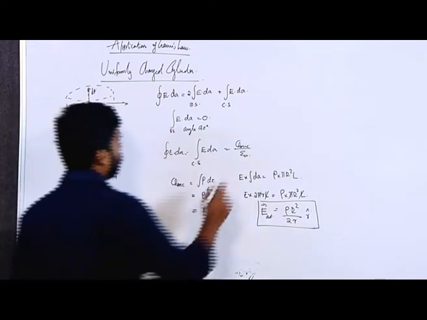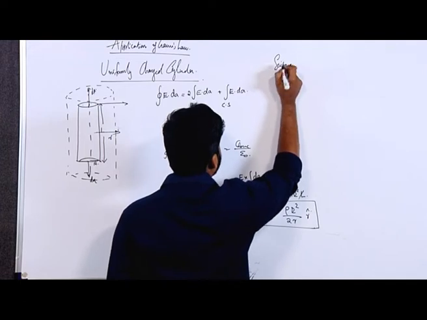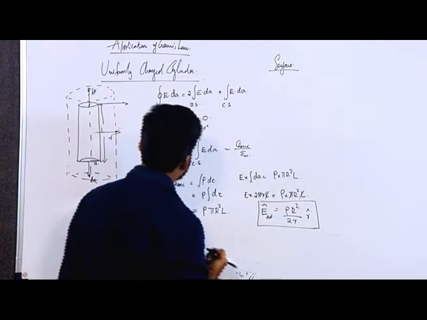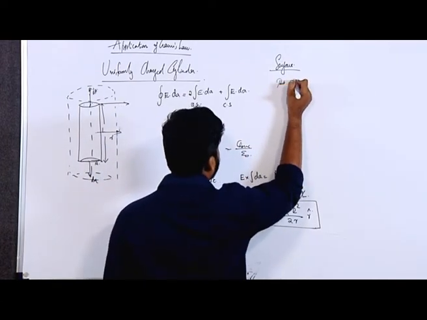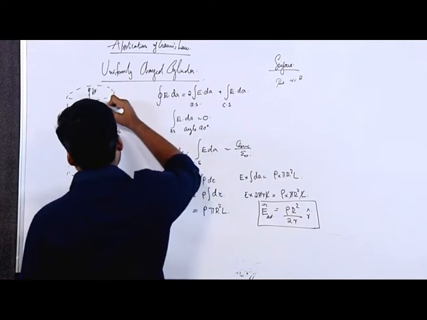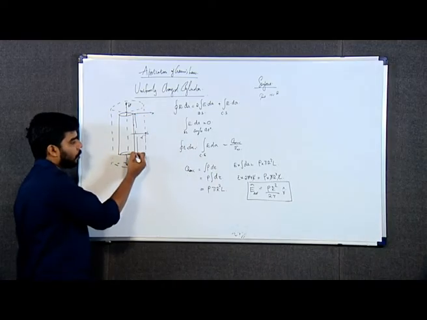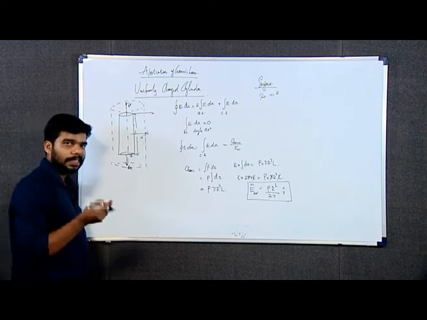Now, at the surface, what is the electric field produced? The simplest idea is to put r is equal to capital R, because we will consider this Gaussian surface on the surface of the cylinder itself.